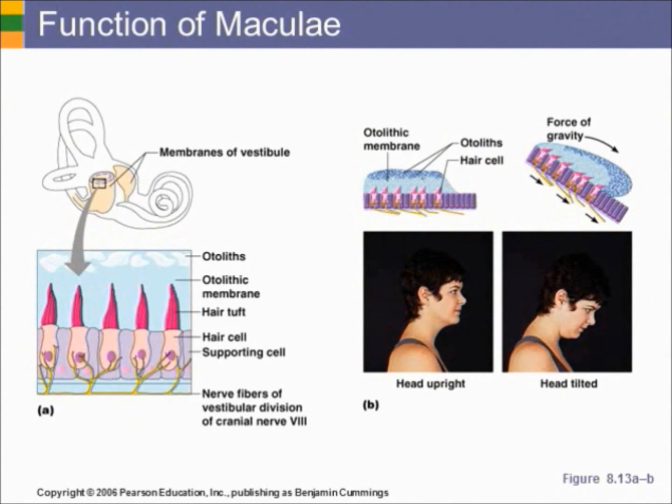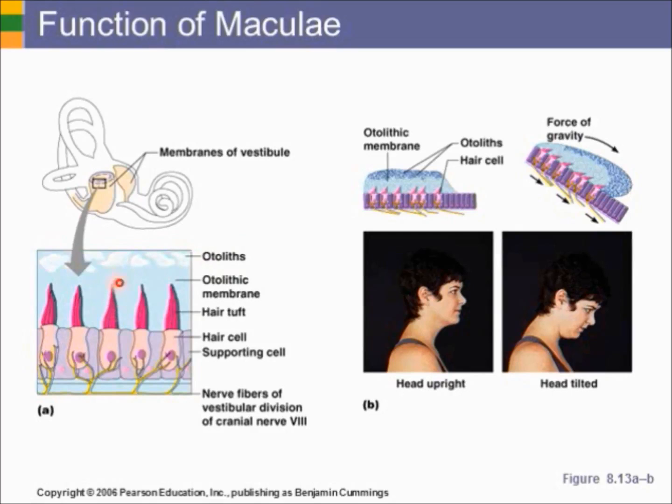Now let's look at how the macula actually work. The macula are the special receptor cells found in the vestibule, detecting static balance. Here's our basic setup. In this picture, you have the otolithic membrane, which is really more like a jelly. In this, you've got little tiny specks of a bone-like material we call the otoliths.